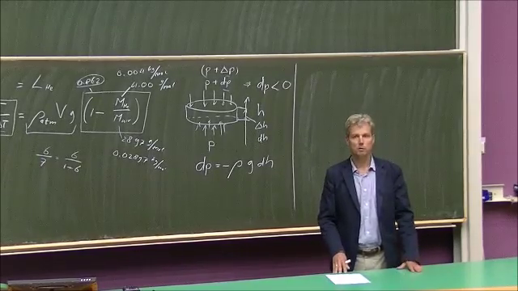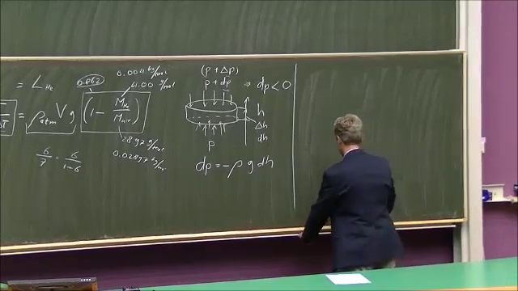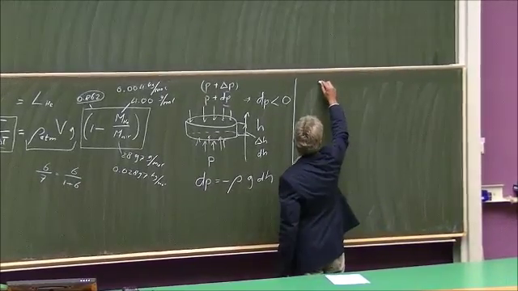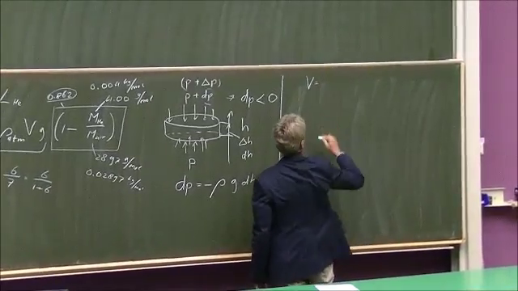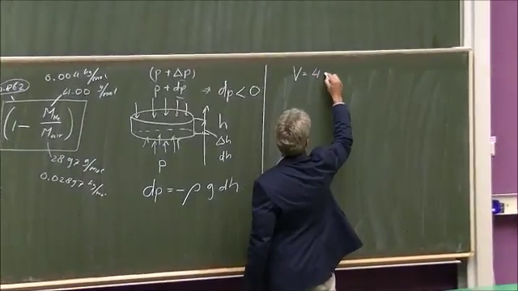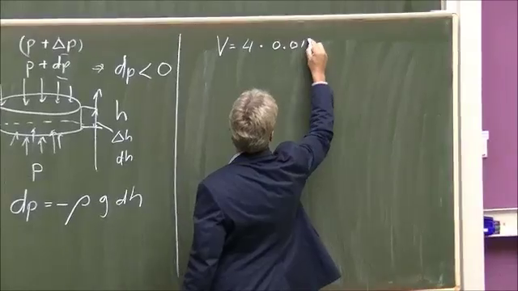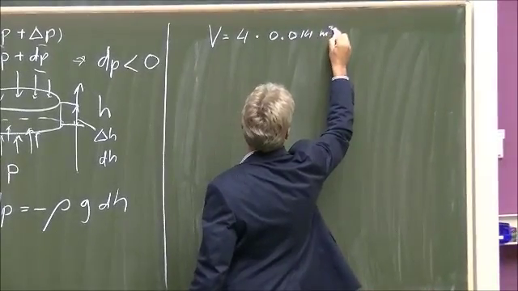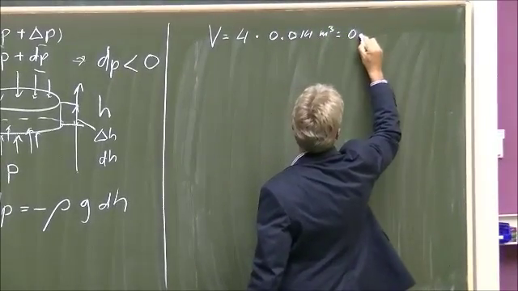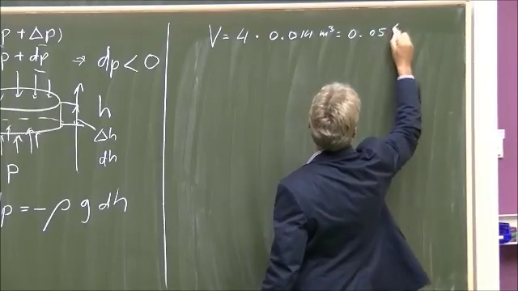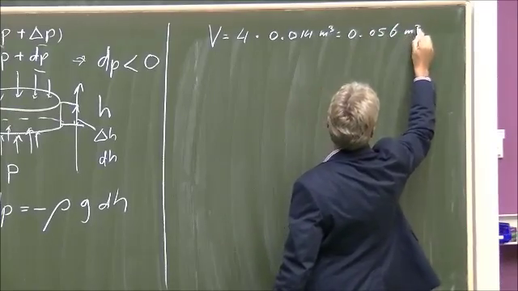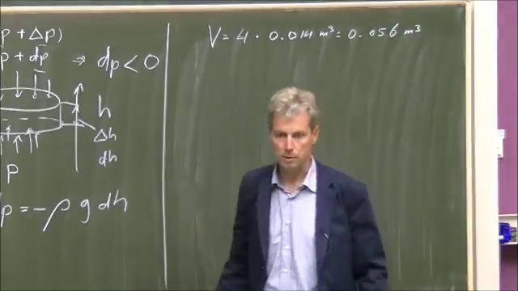Let's be optimistic and use the 14 liters, which means that our volume of the helium balloons, in total we have 4 balloons times 0.014 cubic meter, which is 0.056 cubic meter of helium maximum.